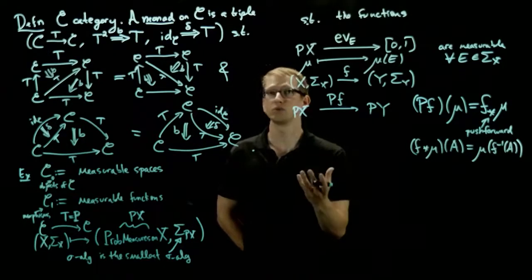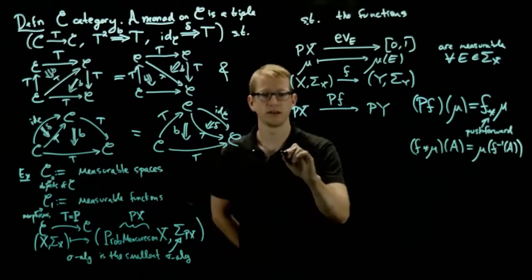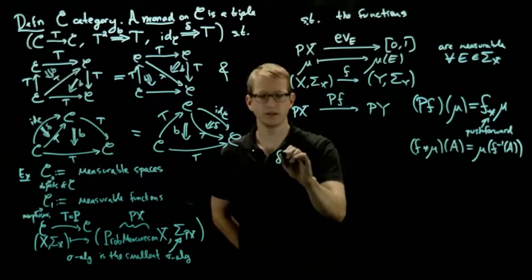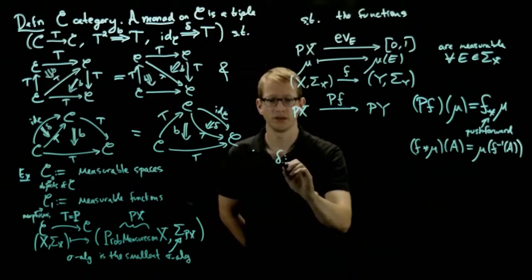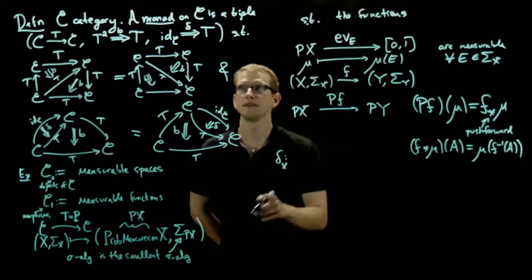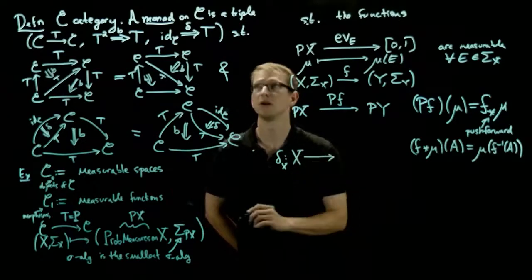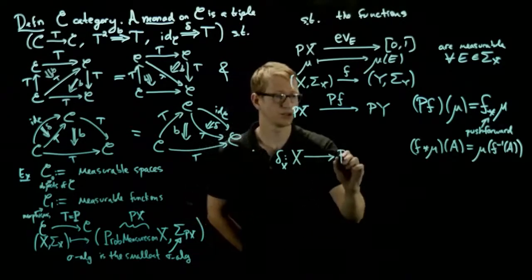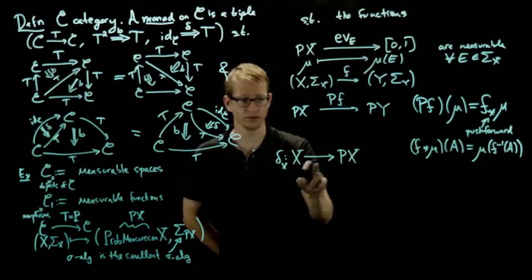And it's going to be a natural transformation from the identity. So give me any space X. So this was T. Now for delta, give me a specific measurable space. So that's an X, comma, its sigma algebra. And this is going to be a map from X to probability measures on X. And you can guess what such a map should be.